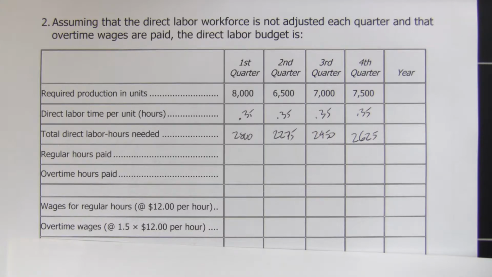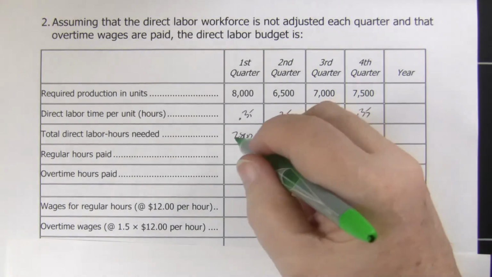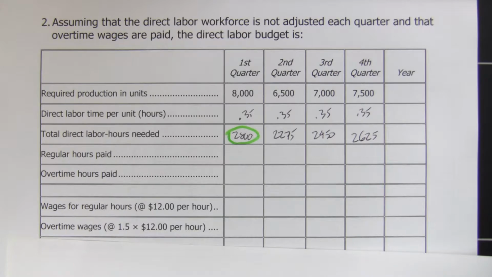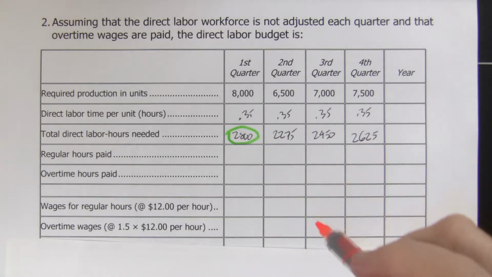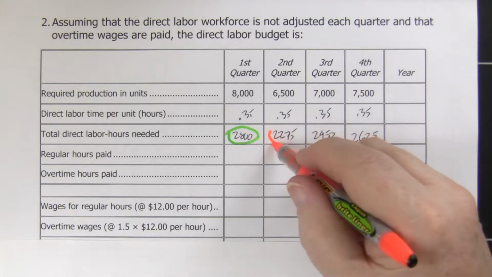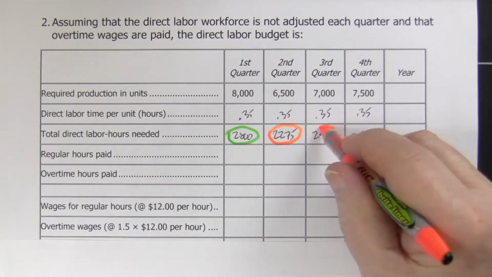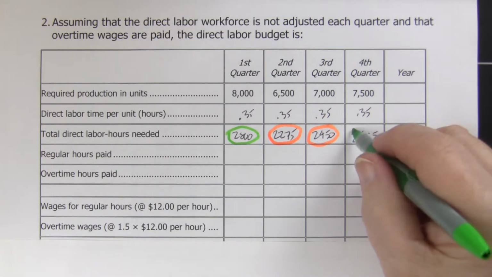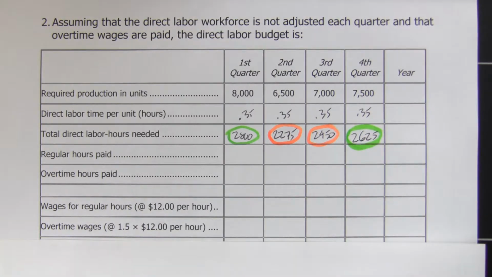I need to draw your attention to a couple of things. This one will get overtime. These two will get the guaranteed minimum of 2,600, and this one will get a little bit of overtime.